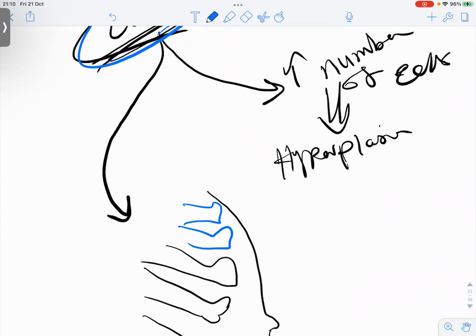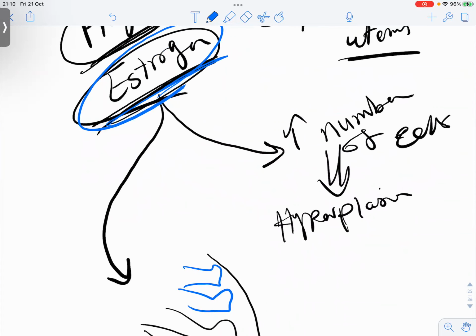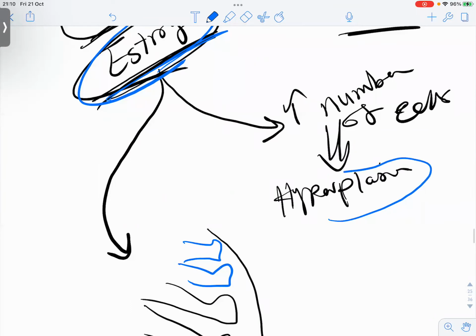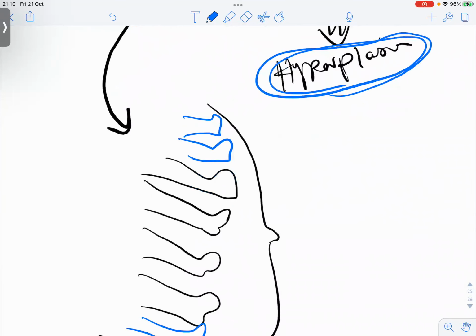But if you have an increase in estrogen, and we will study this in gynecology, if you have a very large amount of estrogen, it can transform the hyperplasia in endometrium into cancer, and also the hyperplasia in breast into cancer. So estrogen is a very dangerous hormone. So estrogen can cause physiological hyperplasia when it's secreted within limits.